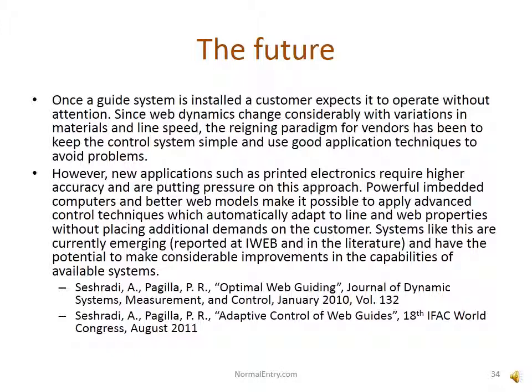However, new applications such as printed electronics require higher accuracy and are putting pressure on this approach. Powerful embedded computers and better web models make it possible to apply advanced control techniques which automatically adapt to line and web properties without placing additional demands on the customer.